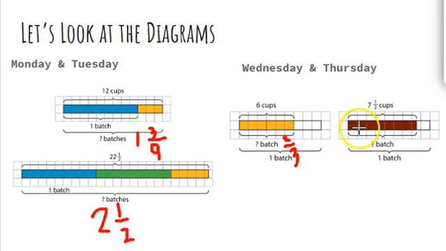So we've got 1 and 1/2, 2 and 2 1/2 make 3 altogether. Got another chunk that way as well. So that's 4 batches there, or 4 parts of a batch.